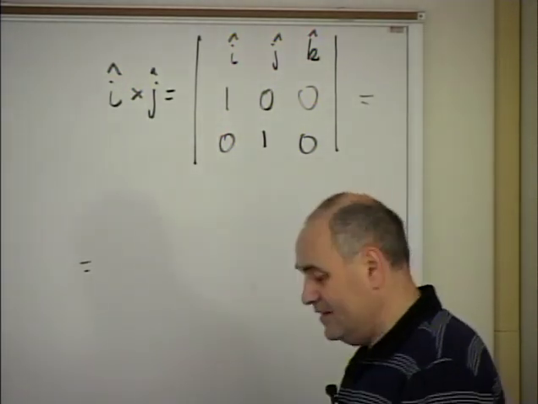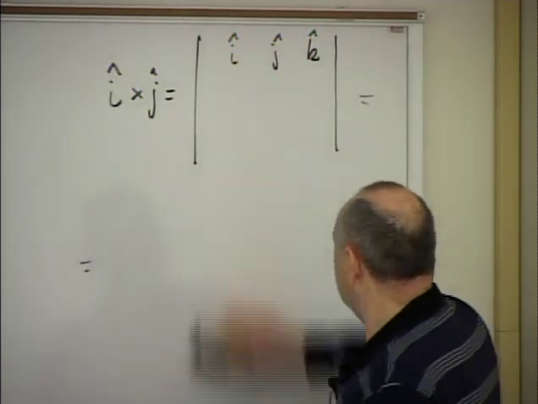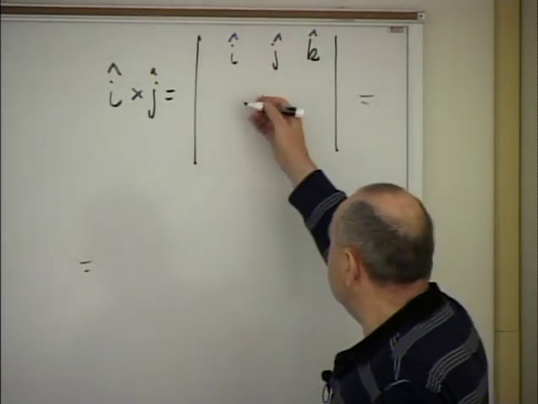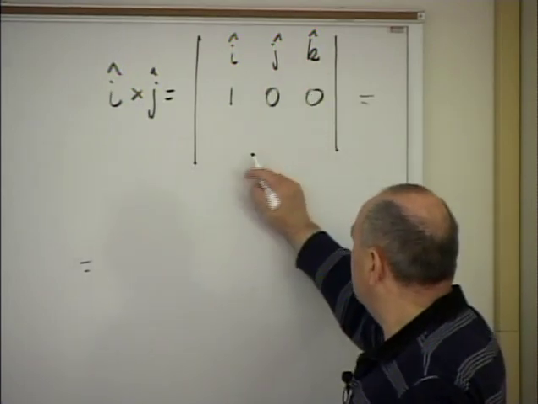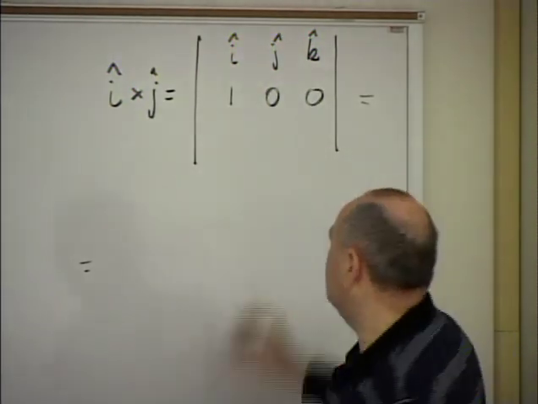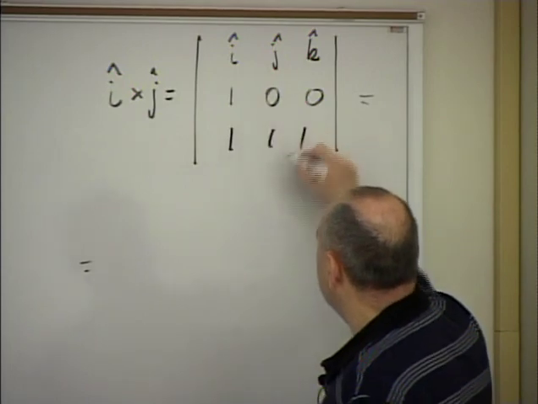But how about if I now multiply vector i by a vector along a diagonal, 1, 1, 1?